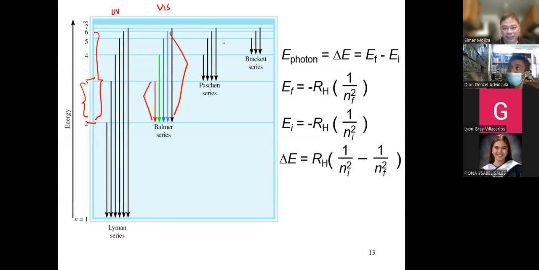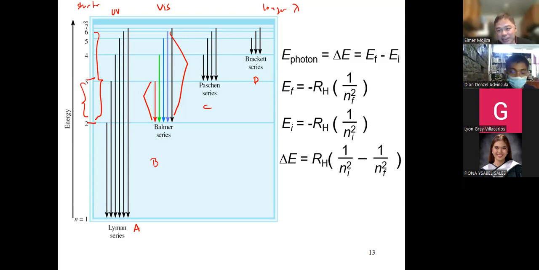Paano malalaman na ito ay nasa longer wavelength at ito ay sa shorter wavelength? If I show you a picture like this, and A, B, C, D, which of the series is in the longer wavelength? Or which one is in the what we call shortest wavelength?